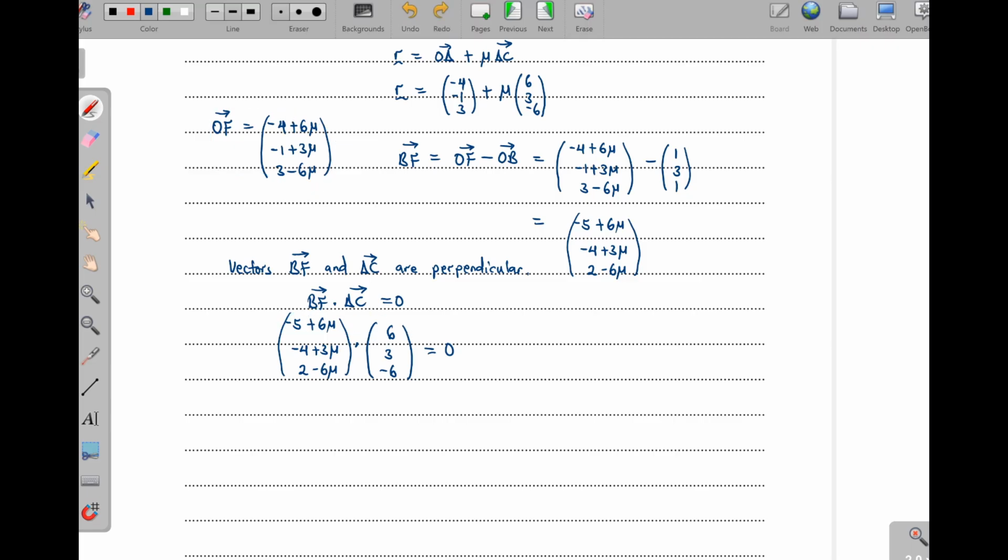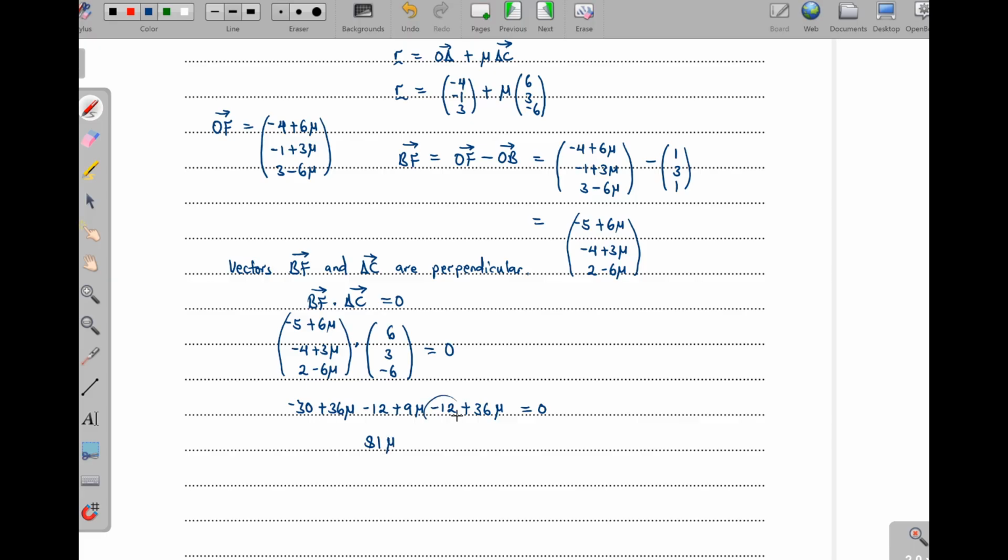So you multiply. Here we shall get negative 30 plus 36 mu. Then here we shall get negative 12, then plus 9 mu. Then here we get negative 12, then plus 36 mu. And this one will be equal to 0. 36 plus 36, that is 72, plus 9, isn't that 81? 81 mu.